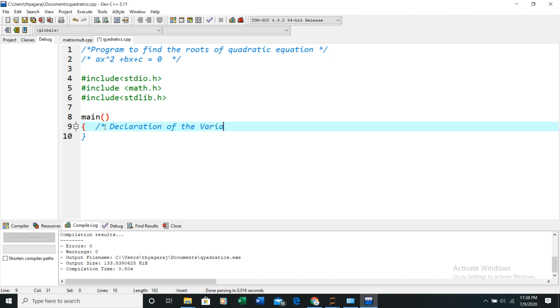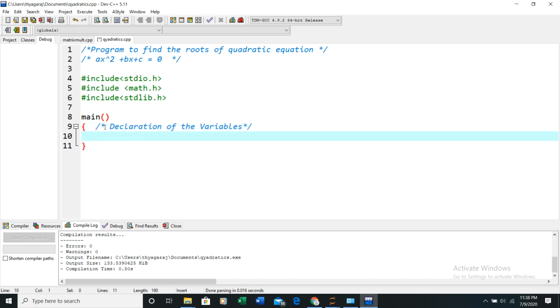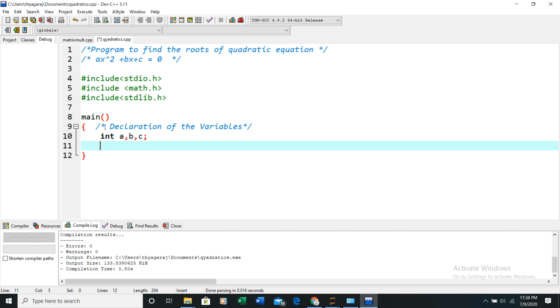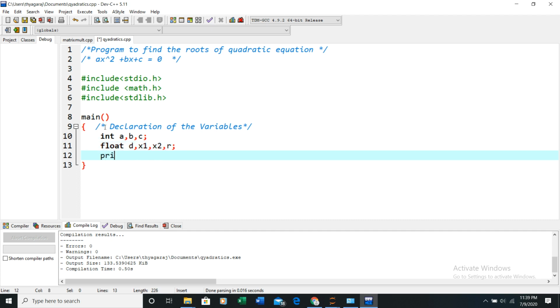The declaration of the necessary variables: int a, b, c; then float d, x1, x2, real. Here d stands for the discriminant, and x1 and x2 stand for the two possible roots.